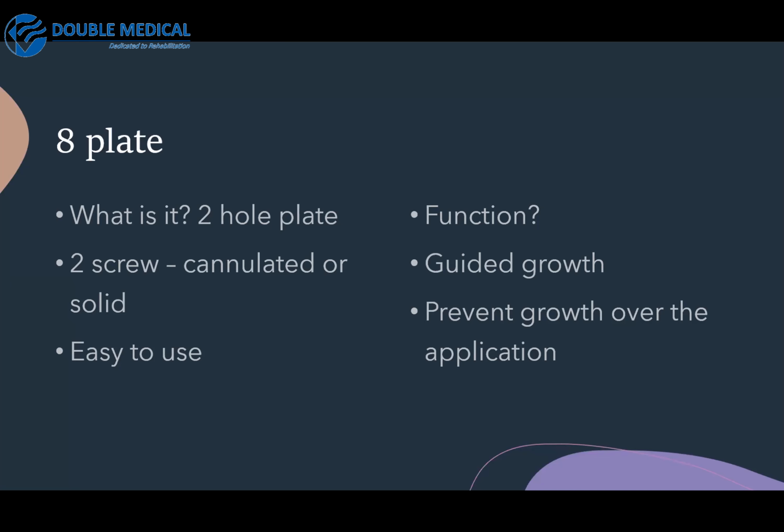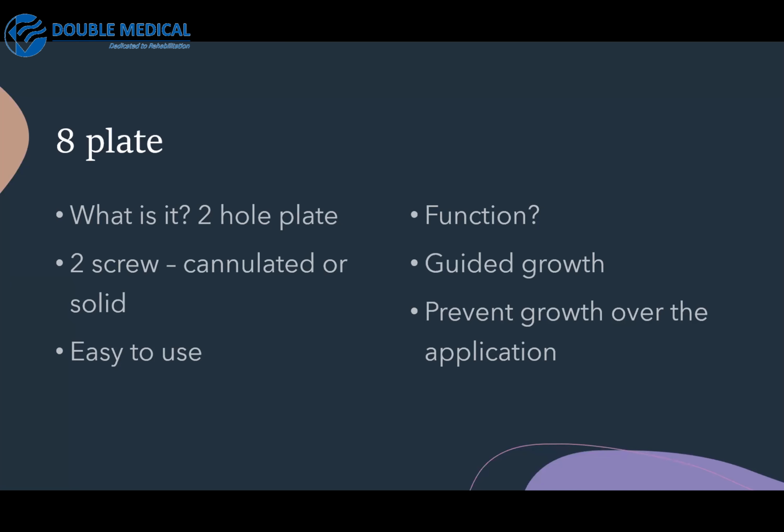Okay, the function of the 8 plate is to block the growth over the area where you put the plate, and at that particular area we can control the side to grow.